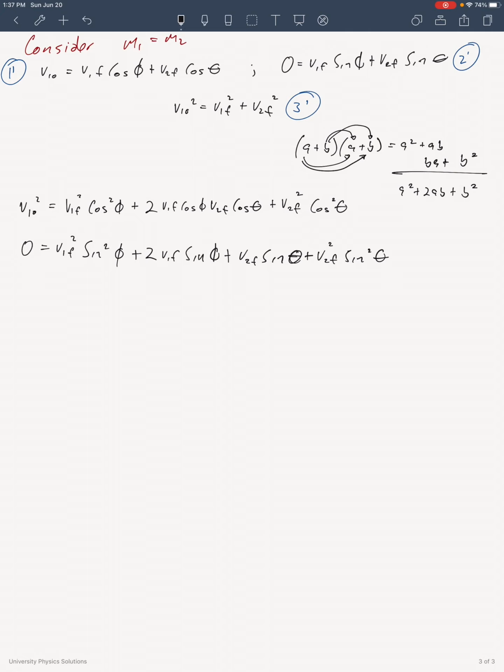Those are now my equations 1 and 2, and my equation 3 is still the same. It's already squared, so I'm just going to rewrite it. B10 squared is equal to B1 final squared plus B2 final squared.